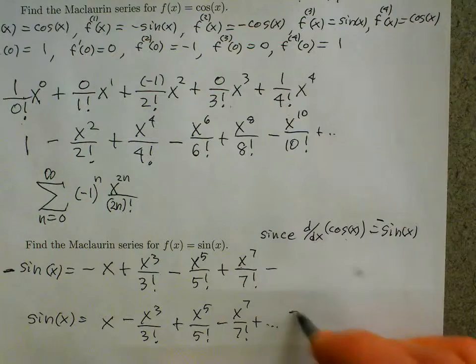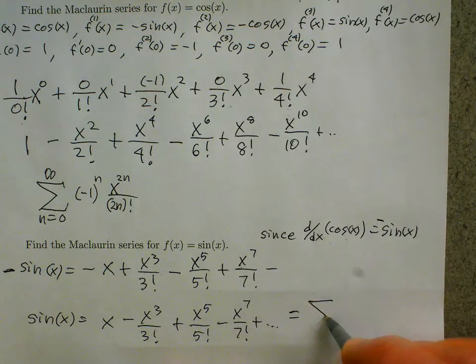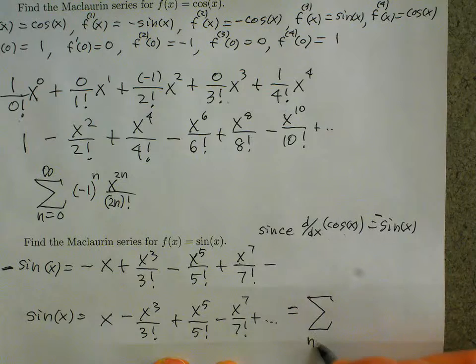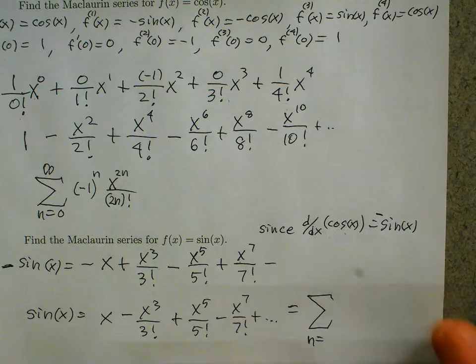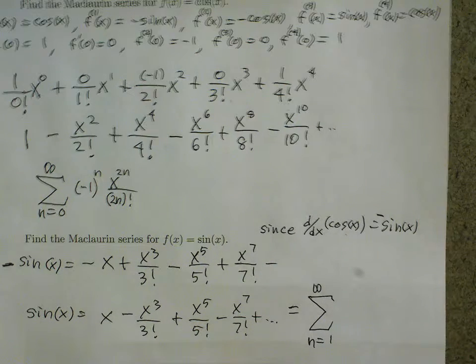So what's the sigma notation? Well, this will be the last thing we do here. So n equals, well, we can start it at 0 or 1. Let's start it at 1. So what are the terms?